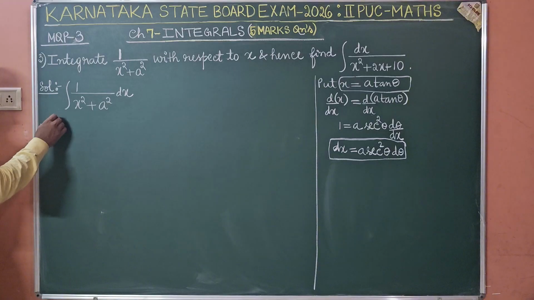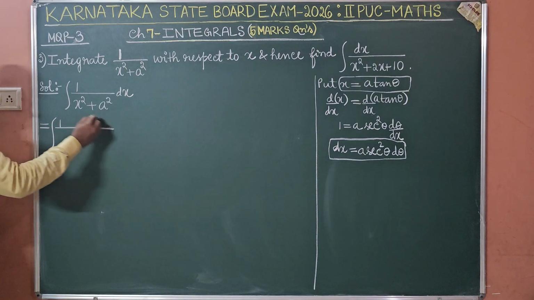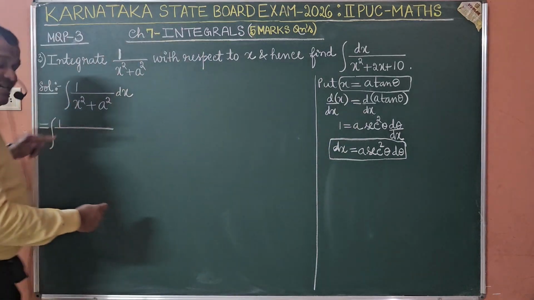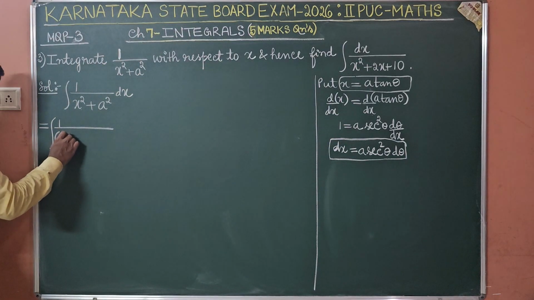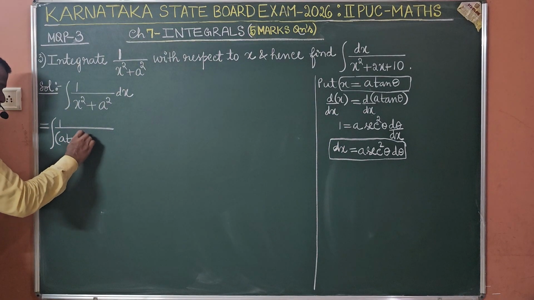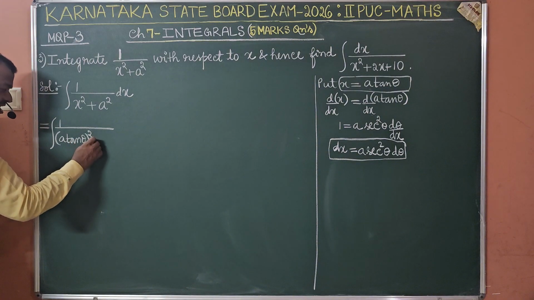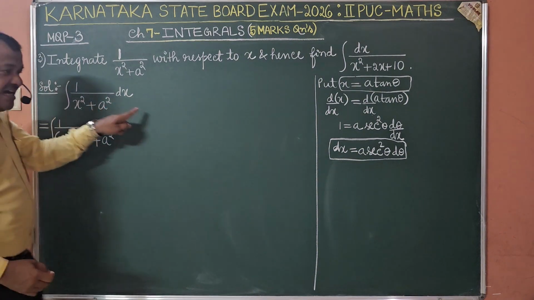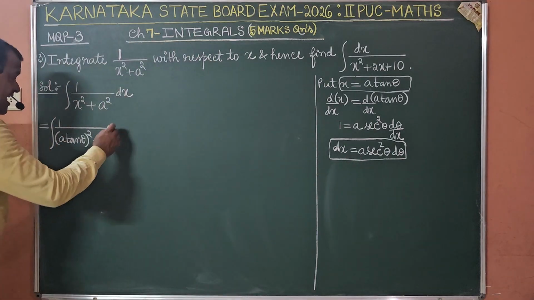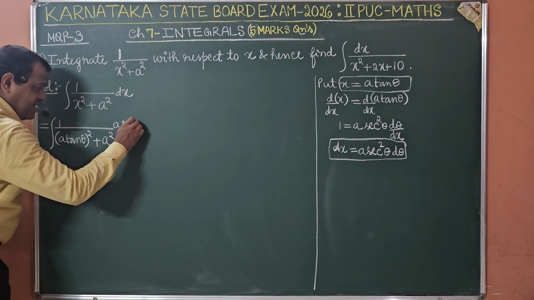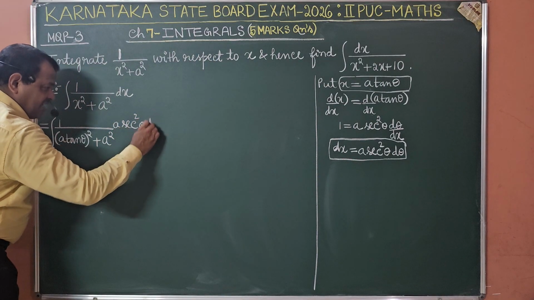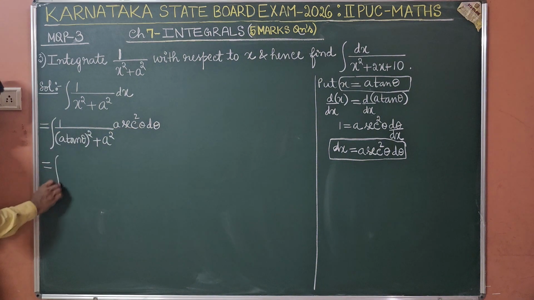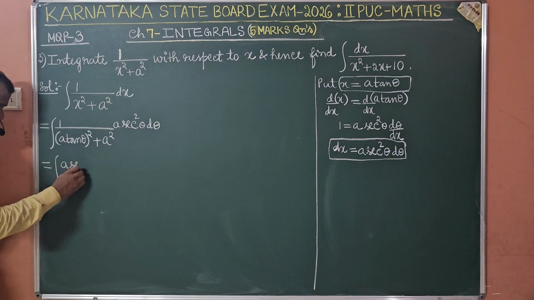I will continue over here. 1 by, where x is there, I will put a tan theta whole square, plus this a square as it is. For dx I will put a into secant square theta d theta. Then 1 into a secant square theta I will write first here.